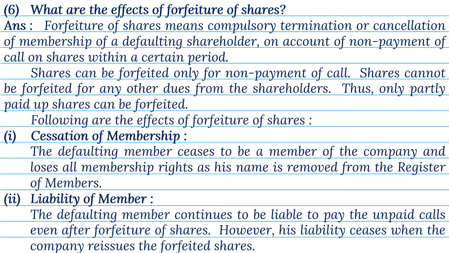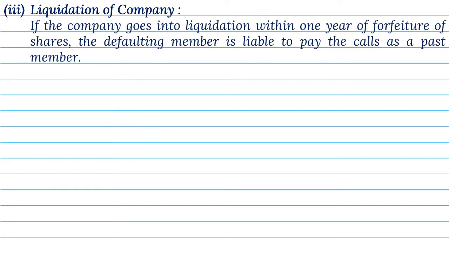However, his liability ceases when the company reissues the forfeited shares. 3. Liquidation of company. If the company goes into liquidation within 1 year of forfeiture of shares, the defaulting member is liable to pay the calls as a past member.